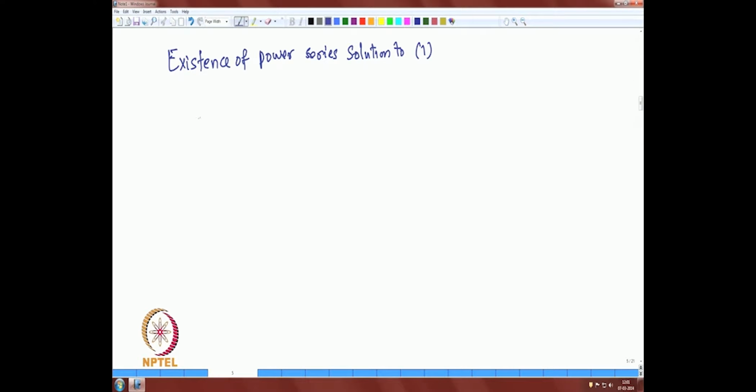To answer this question, we need some basic ideas, some basic definitions. So, to address the existence problem, that is under what condition one has a power series solution of the form 2, we require some conditions.